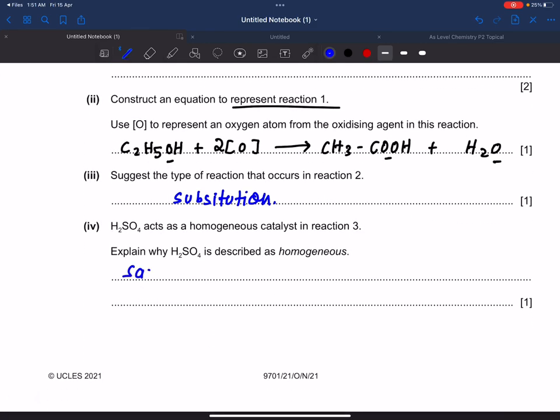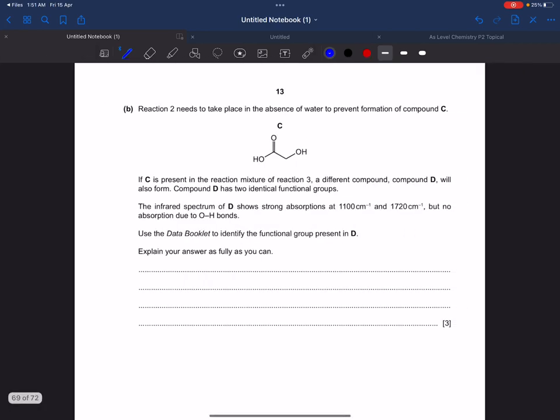Same physical state as the reactants, or you can write same phase as the reactants. This is what homogeneous means. Heterogeneous means a different physical state or different phase from the reactants. That's it.